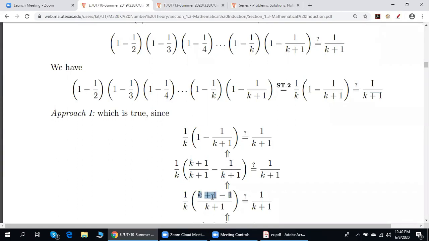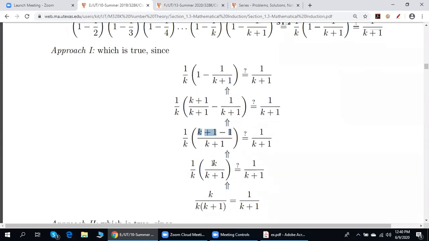Done. K plus 1 minus 1 is k. We rewrite the product of these 2 fractions as a single fraction, and now question mark is gone, because obviously after the cancellation of k, the left-hand side becomes the right-hand side.